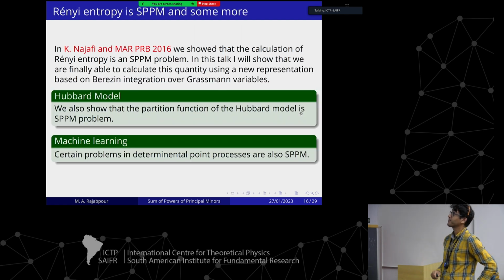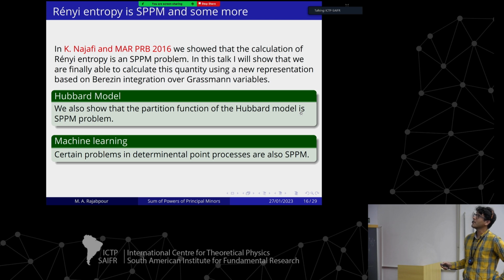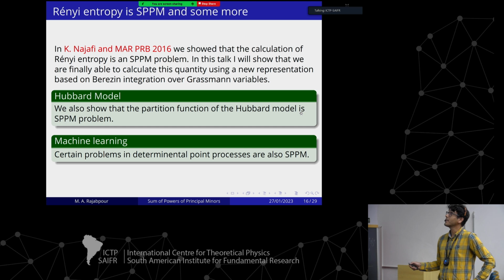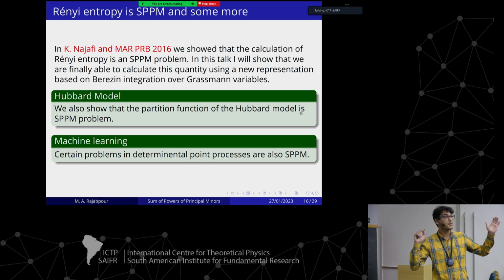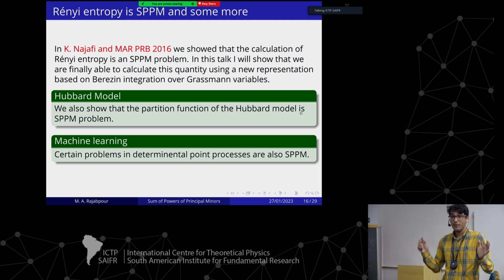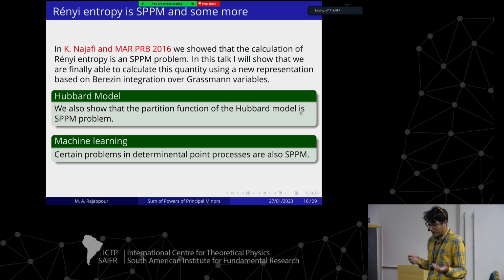So in 2016, we realized that the calculation of Rényi entropy in this model is actually the SPPM problem, the sum of powers of principal minors. Somewhere there is a matrix for which you need to calculate all the principal minors. Each principal minor is some sort of probability, and then you sum over all of them.